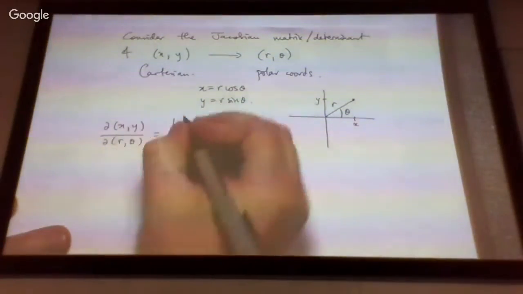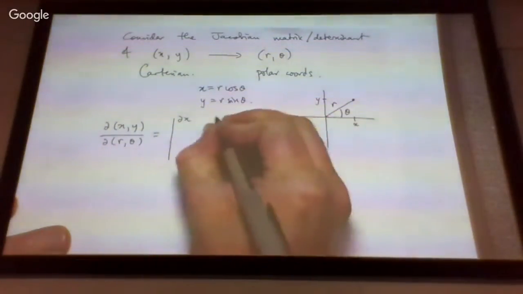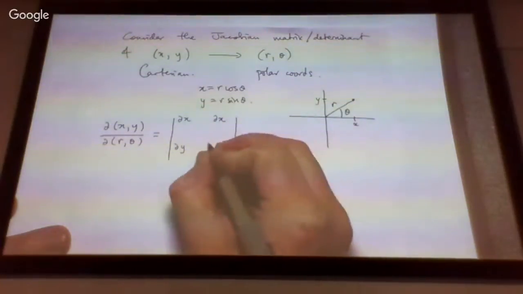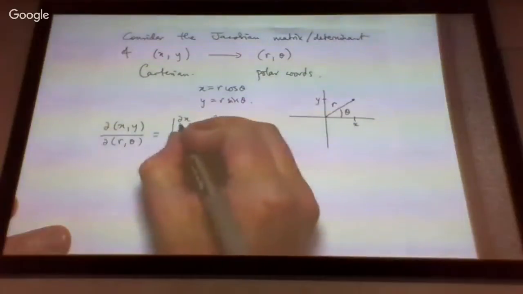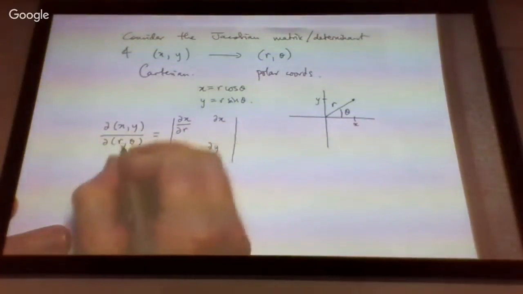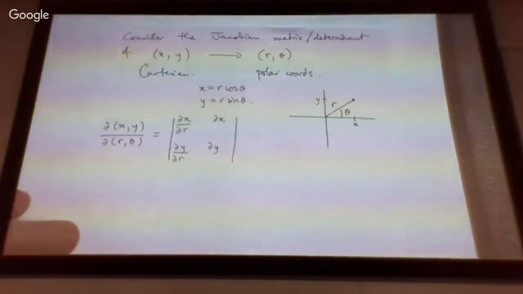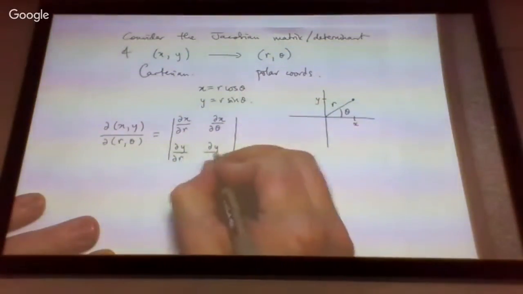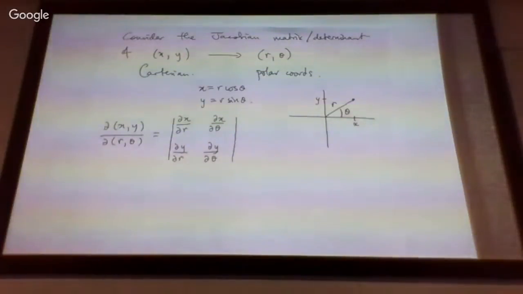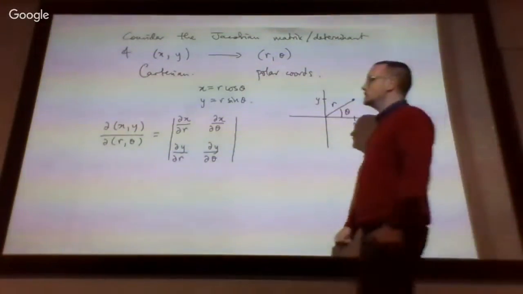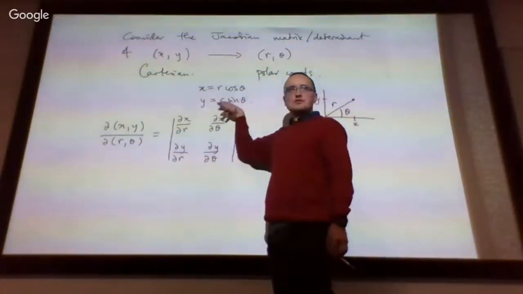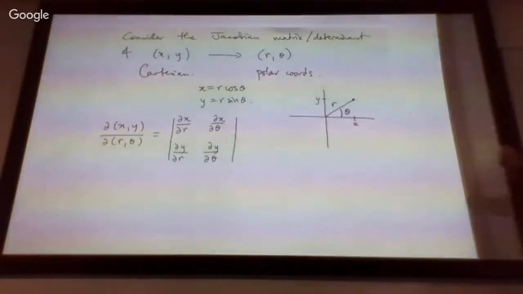So x indexes the first row, with two partial derivatives of x, and y indexes the second row, with two partial derivatives of y. The ones in the denominator index the columns, so we have an r column and a theta column. These are all four possible first order partial derivatives of this transformation from the new coordinates back to the old coordinates.